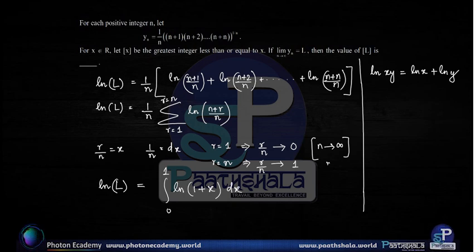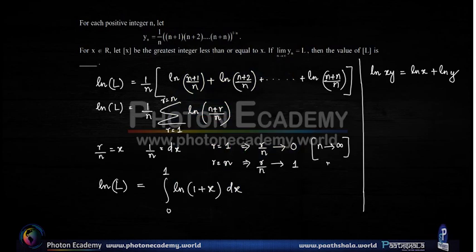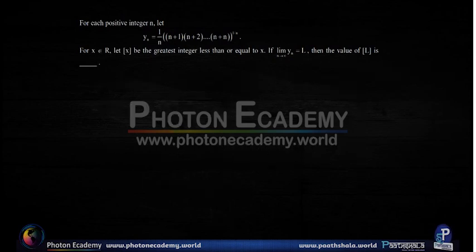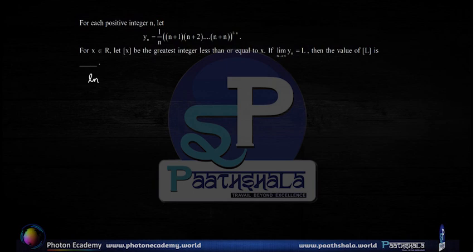Now we apply the integration rule, integration by parts, to find the integral of ln(1 plus x). So we have to find ln L is equal to the integration from 0 to 1 of ln(1 plus x) dx.